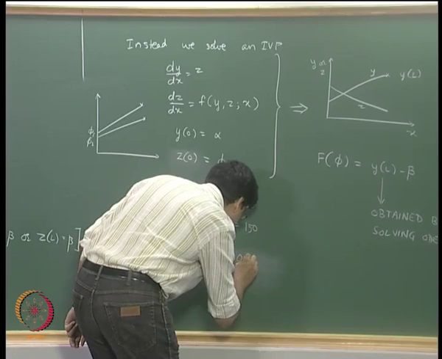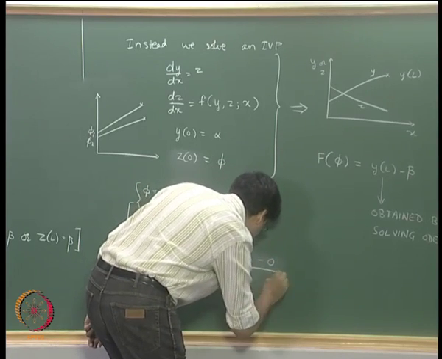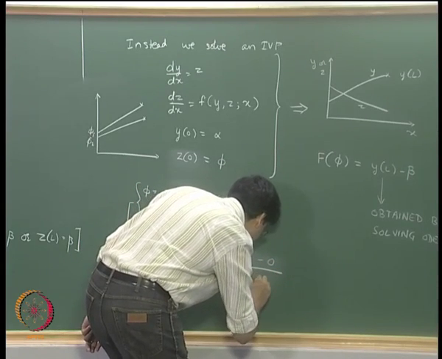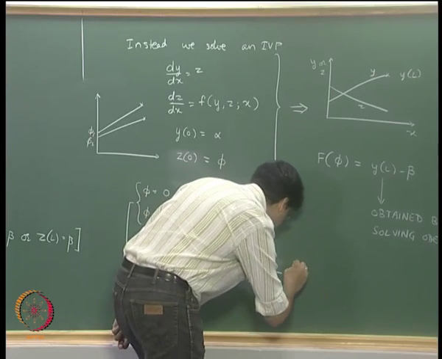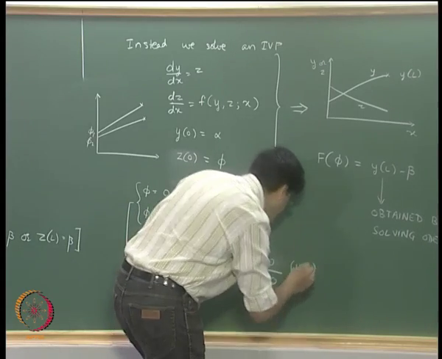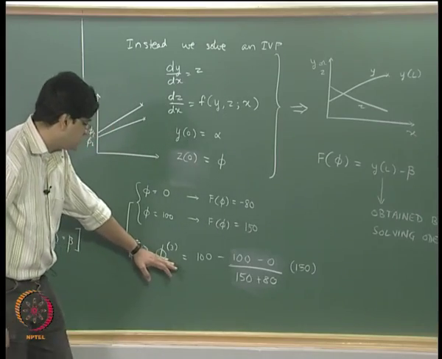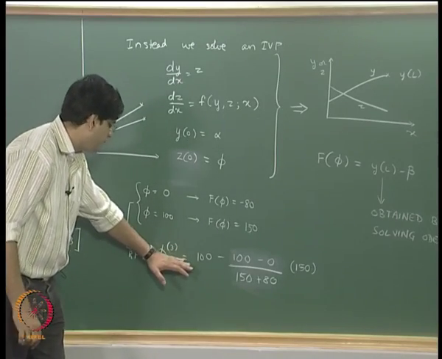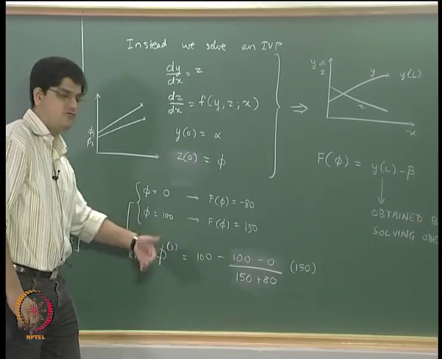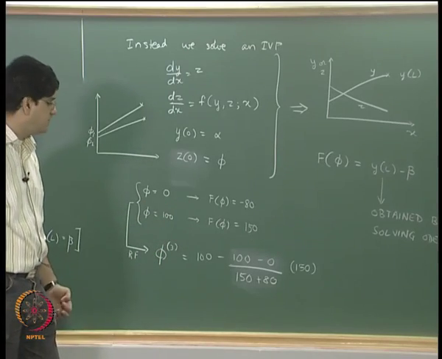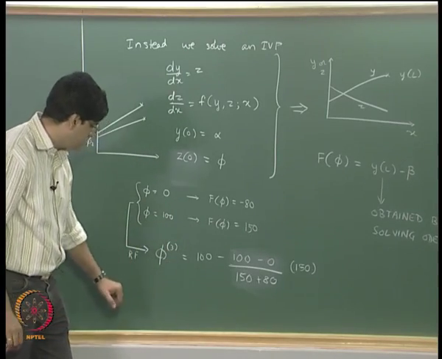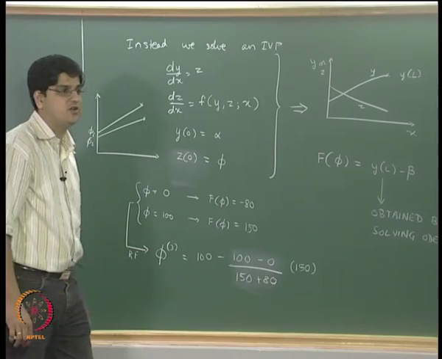Have this as 100 minus 0 divided by 150 minus 80, so that is plus 80 multiplied by 150. So that is going to be our next guess of phi, and from phi 3 we can go to phi 4, from phi 4 we can go to phi 5, so on and so forth, and we can keep iterating that in order to get the solution. That is if we were to use the Regula-Falsi method.